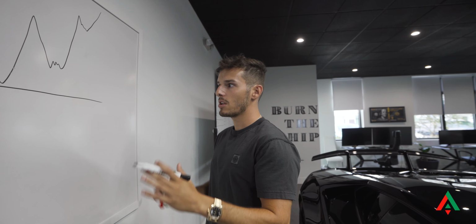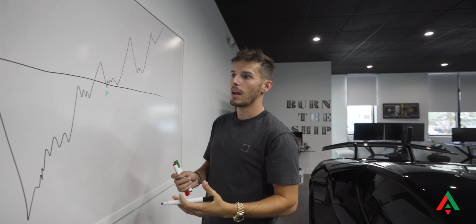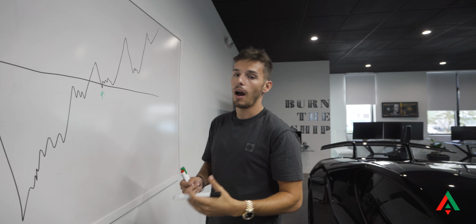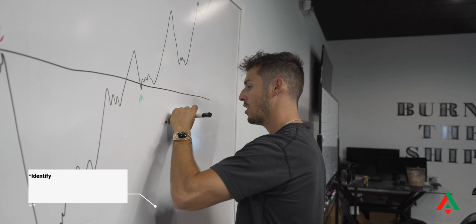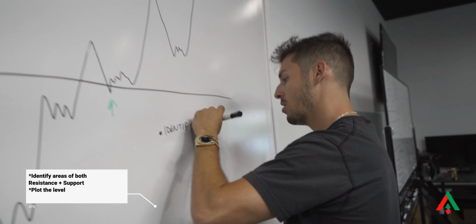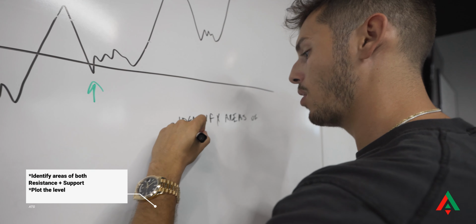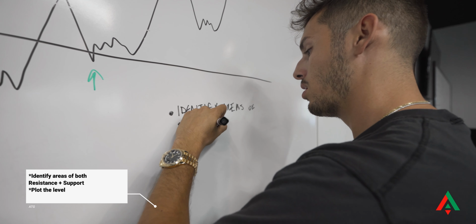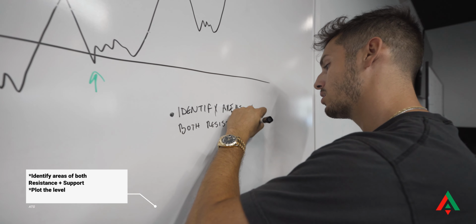So this is pretty much the main scope of identifying your levels. It's just understanding how to plot them. So identify areas of both resistance and support.